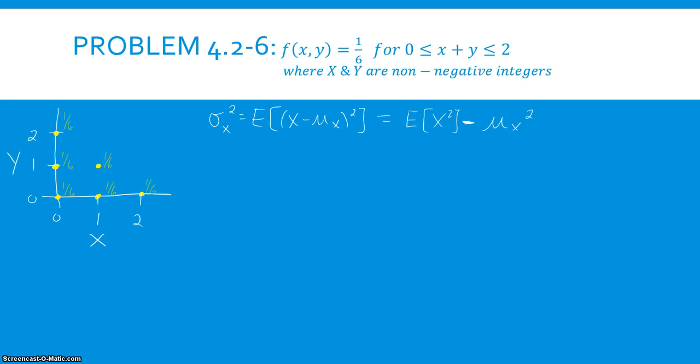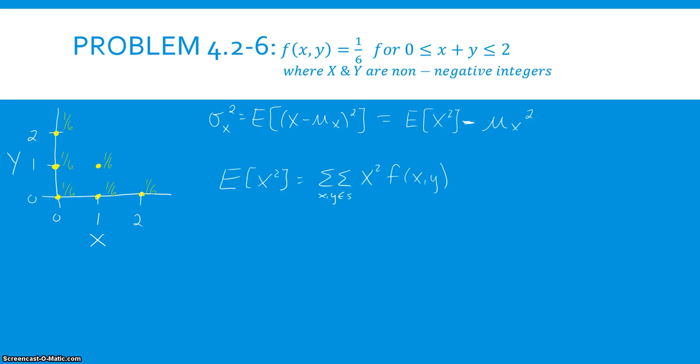So coming back to our example, I'm going to calculate the variance of x, sigma squared sub x. I'm going to use the computational formula that we've used throughout the course. We can take the expected value of x squared minus the mean of x squared. Still works in this situation.